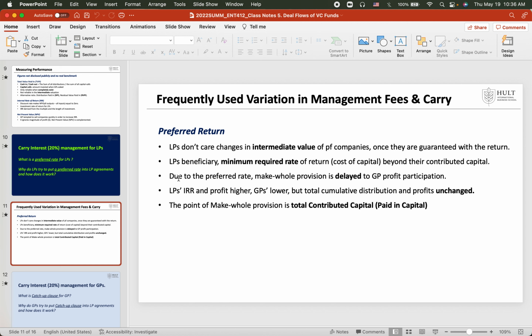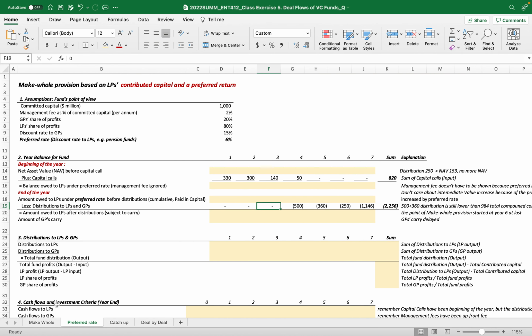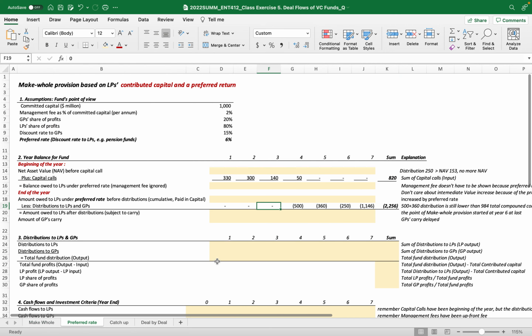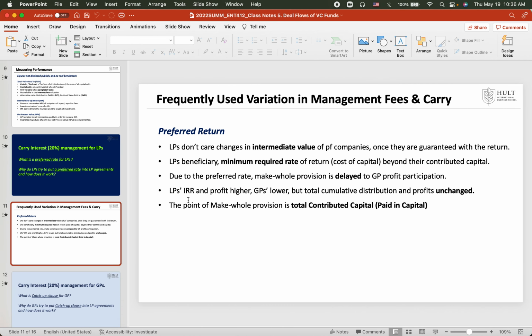In the previous case, we just took the sum of the capital cost, 820 in this case. Now the make whole point includes the compounded 8% rate of return on the NAV. Do you understand? Then the LP's IRR will be higher because they already reserved it, and the GPs will get the profit sharing later.